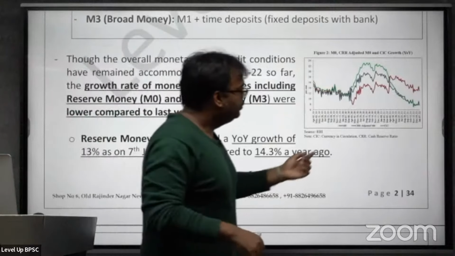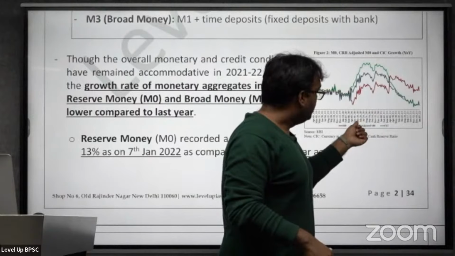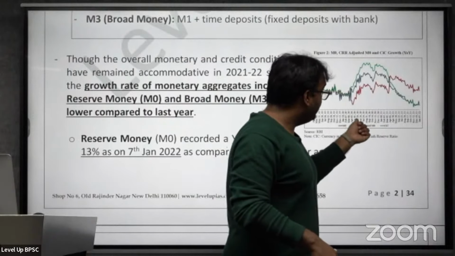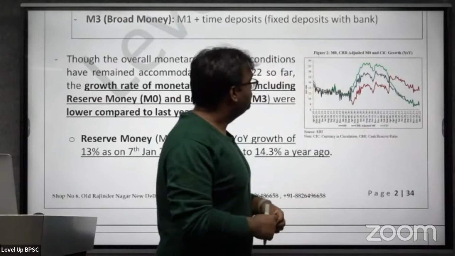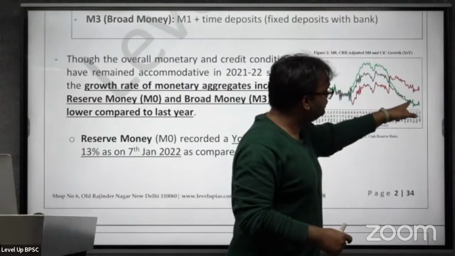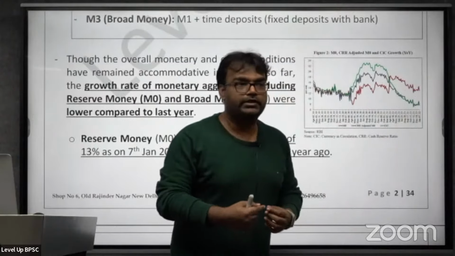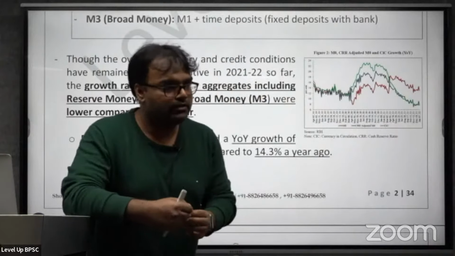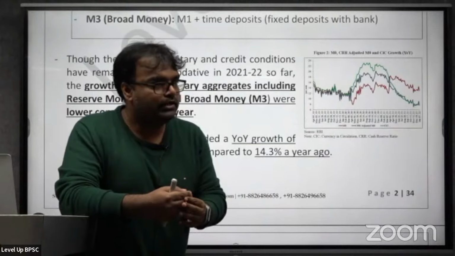When we look at the 2020-21 period, that is from April 2020 to March 2021, there M0 is in this red color, and now if you see M0 in 2021-22, it has been on the lower side. That is the base money, the reserve money in the economy.